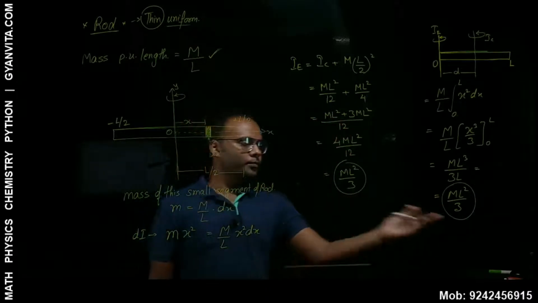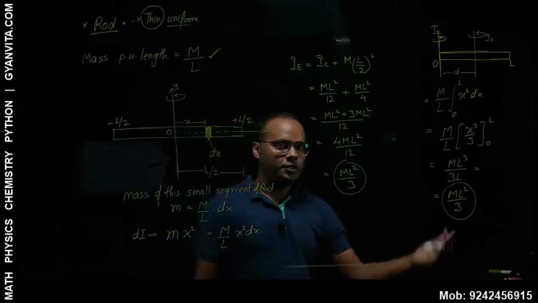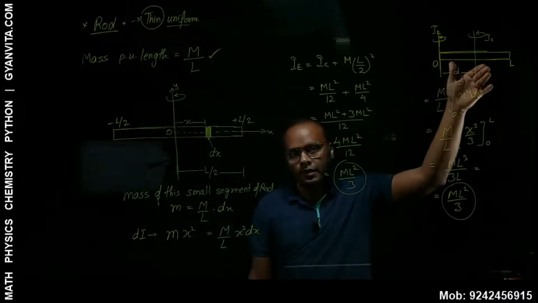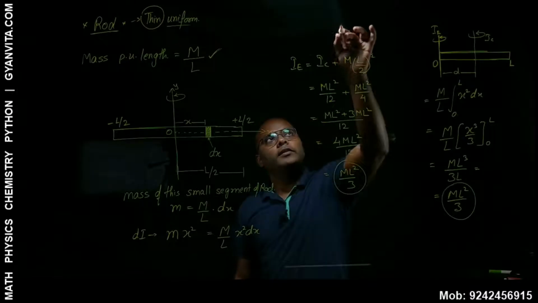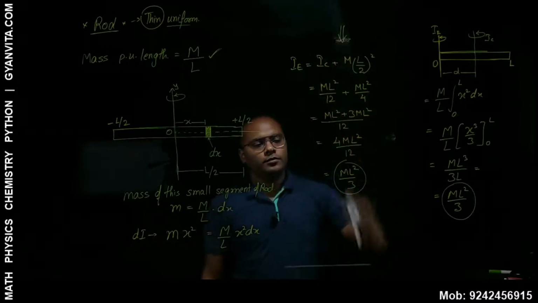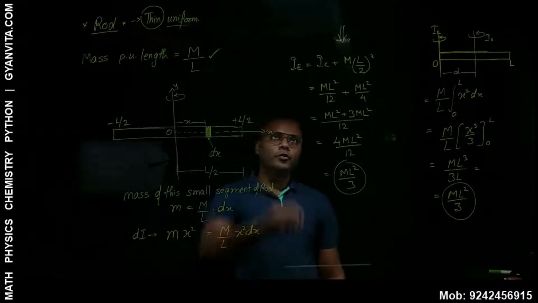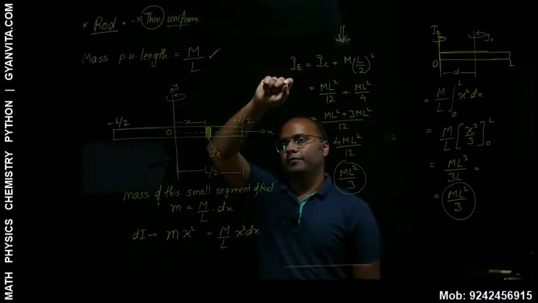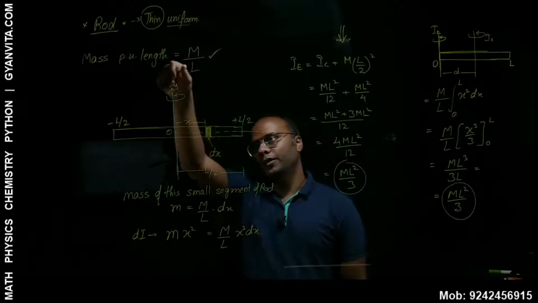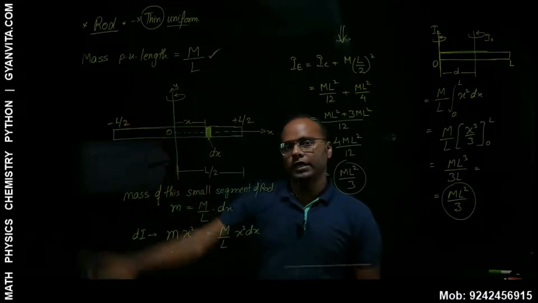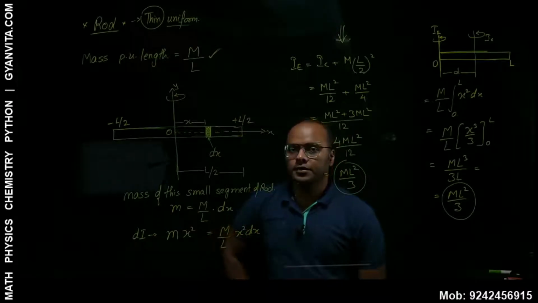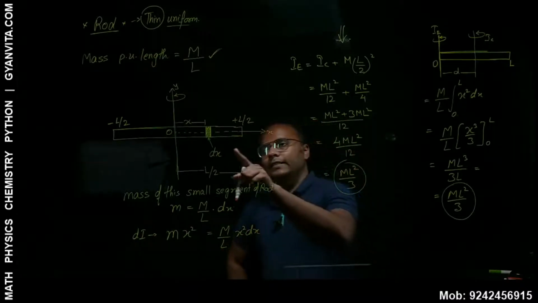So our final expression is the same, whether we derive it from scratch or we apply the parallel axis theorem. You can apply the parallel axis theorem only if you already know the moment of inertia along one axis, and that axis must pass through the center of mass. So this is a prerequisite.